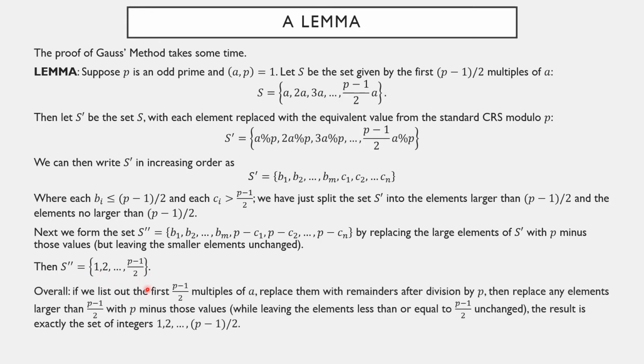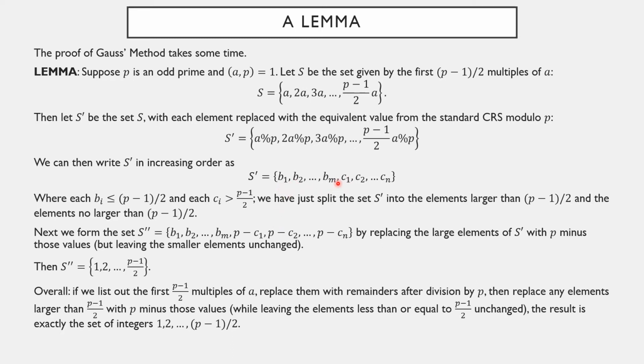Here's overall what we do and what we claim. List out the multiples of a. Replace them with their remainders under division by p. Then I put those in increasing order and I say some of them were smaller, some of them were bigger, determined by the cutoff value of (p minus 1) over 2. Anything that was strictly bigger than that cutoff value, replace with p minus whatever it was.